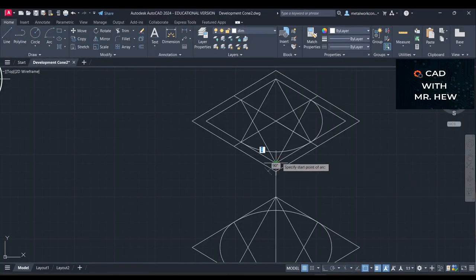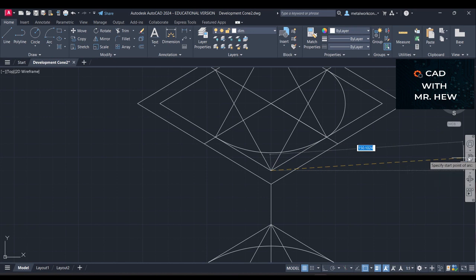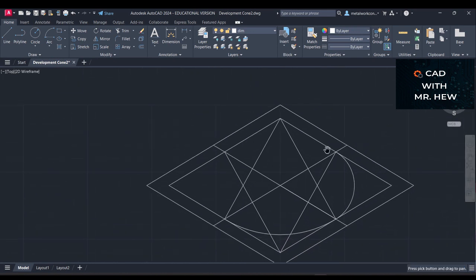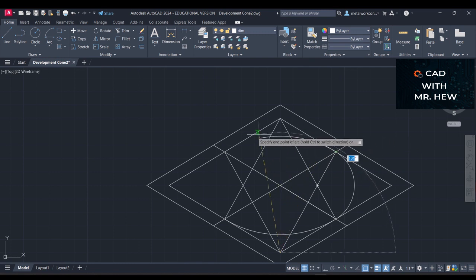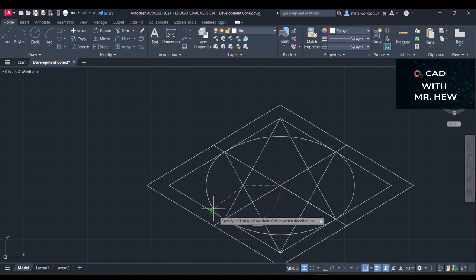Here's the center. We're going to go there, and we're going to go around to there. Yes. So we're going to complete our circle now. Isometric circles. This will be the radius. I will come around. And there it is. Good.